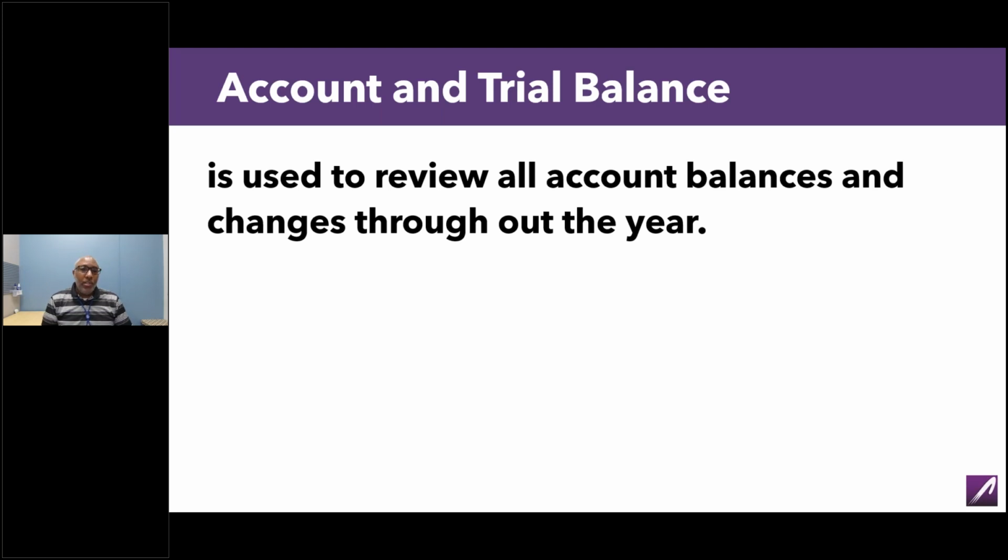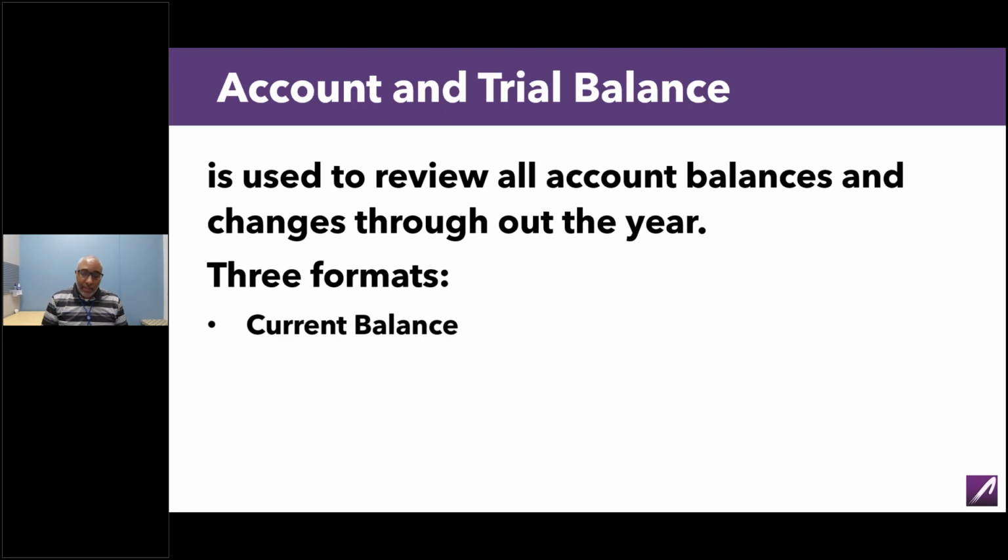So the account and trial balance report. Now, this report is used to review all account balances and changes throughout the year. There's a couple of other nuances, but when you think about it, it's one of the account reports. It's going to show all of your accounts, and then there's going to be a beginning balance, an ending balance, and change, and a few other settings, and we'll show all of those as well. There are 3 formats.